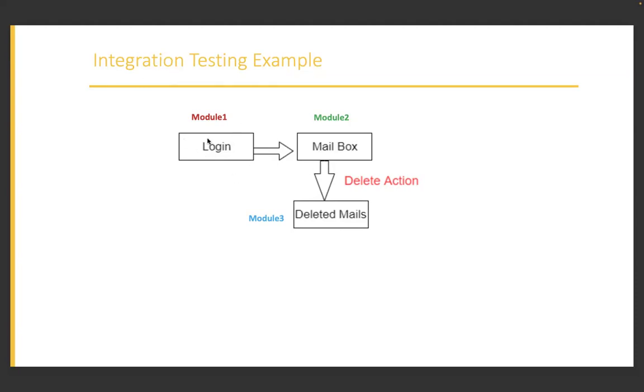Whether on logging in, you are able to see the home page or mailbox, right? From that, you will select one of the folders on the left hand side called deleted mail. If you log in and are able to see deleted mail directly, that means there is an issue, guys. It's not the correct approach. Okay. So please remember this concept: this type of validation comes under integration testing.